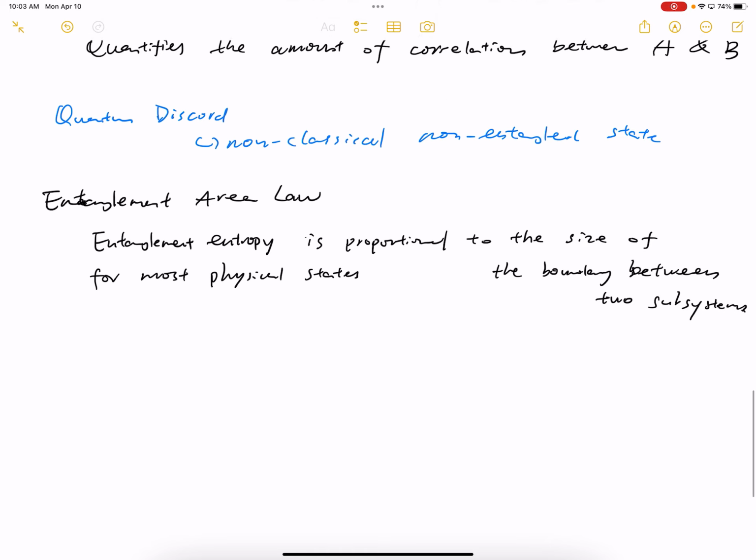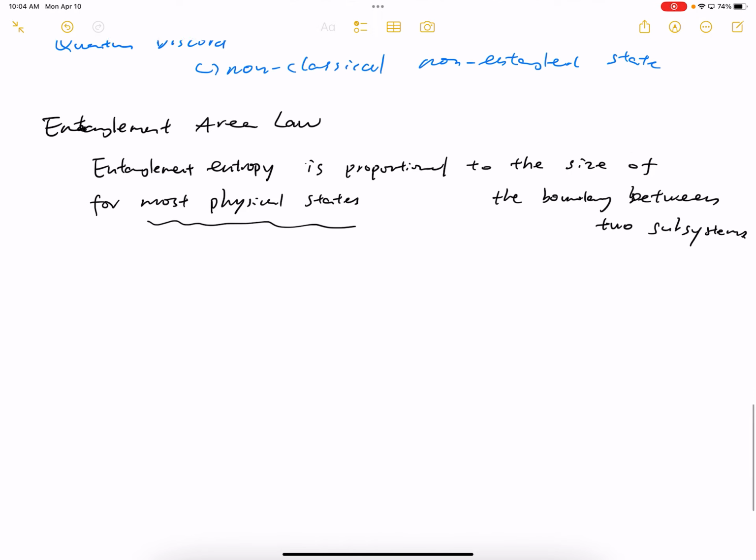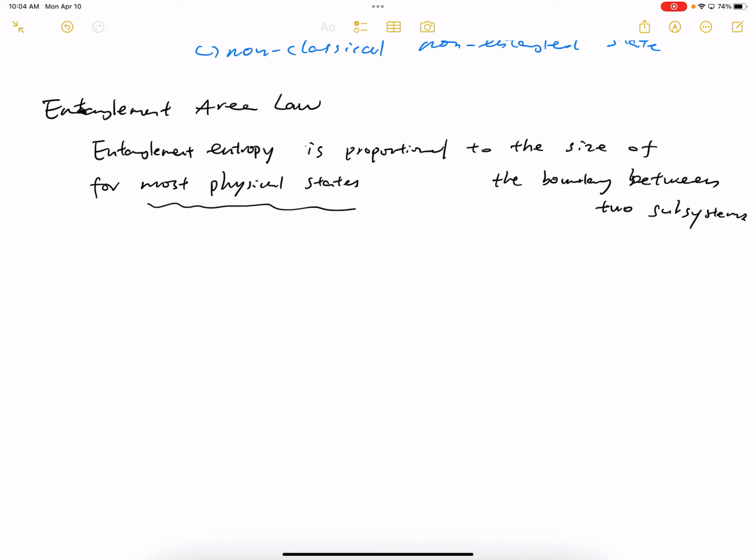Okay, so now I'm going to define what most physical states actually mean. There are a couple of categories we can talk about.